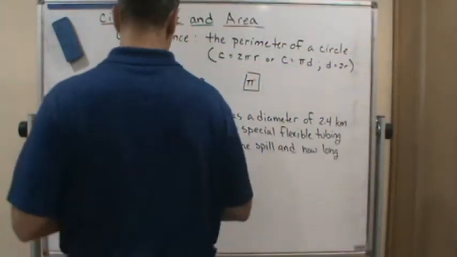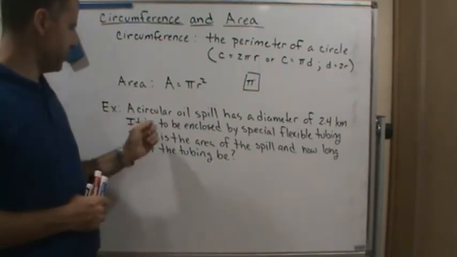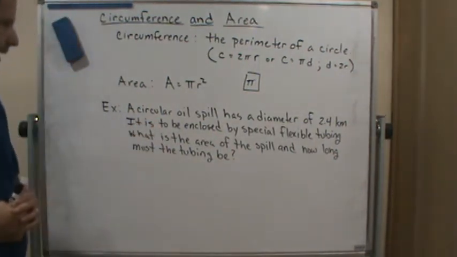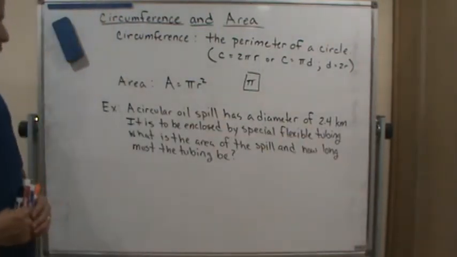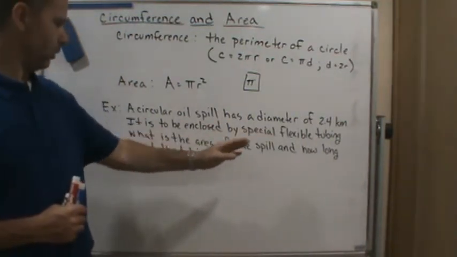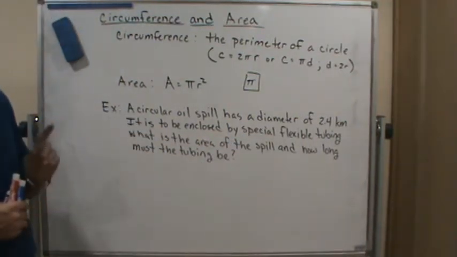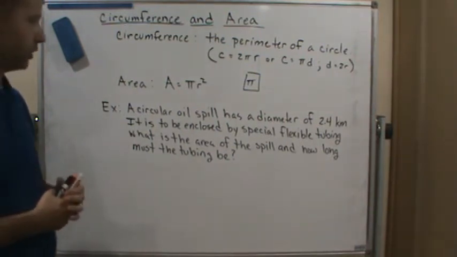Okay, now here's an example. It says here a circular oil spill has a diameter of 2.4 kilometers. It is to be enclosed by special flexible tubing. What is the area of the spill and how long must the tubing be? First of all, you've got to understand what's going on, right? We have a circular spill.